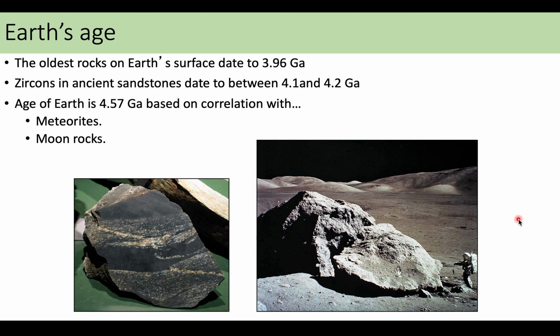Using this same style of numerical dating, we're able to say that the Earth is about 4.57 billion years old, which correlates with meteorite findings as well as moon rocks that we've also been able to date using numerical or absolute dating.